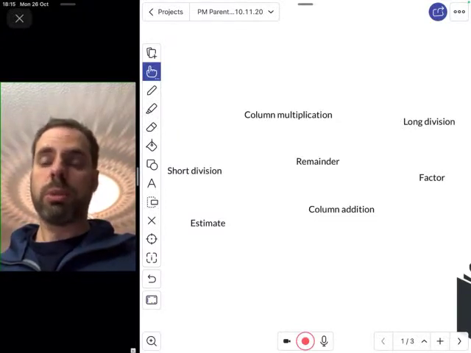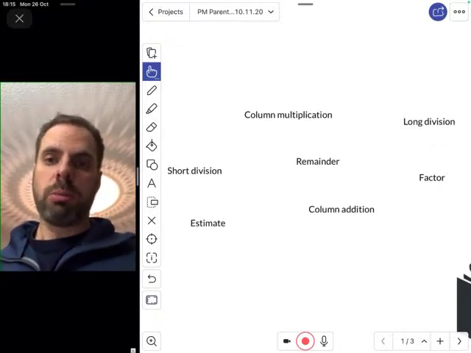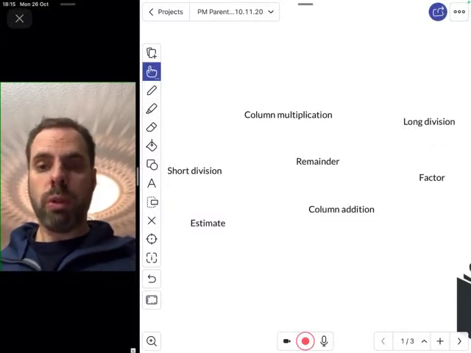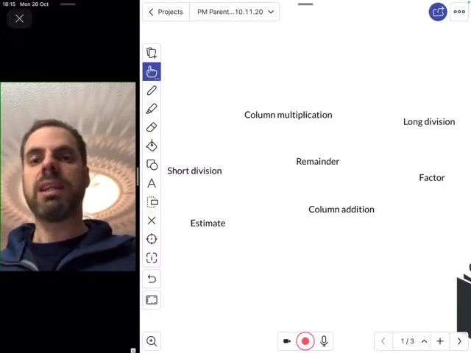It will take us probably pretty much until Christmas, I should imagine. We'll spend a little less time on addition and subtraction because they've had a lot more time on that, but we will spend more time on multiplication and particularly division.